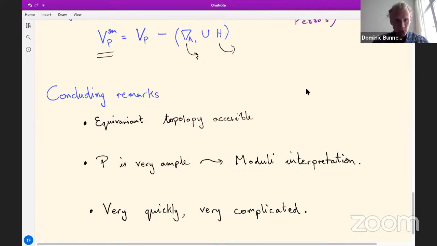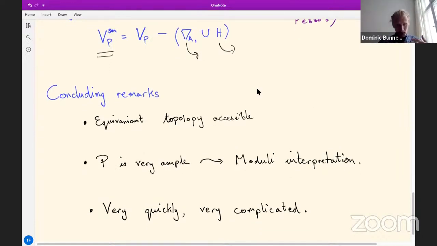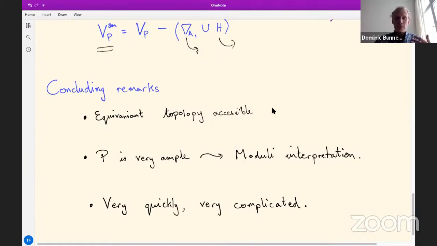Once we've taken into account this symmetry, it's equivalent to taking a group quotient, but the topology is then accessible from this viewpoint. And then P being very ample, the very ampleness of this polytope that we started with, is a crucial property in terms of the moduli interpretation, okay?